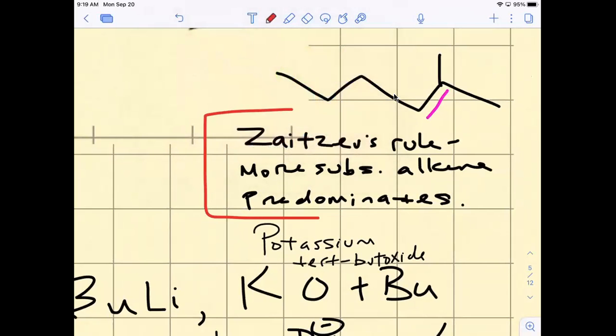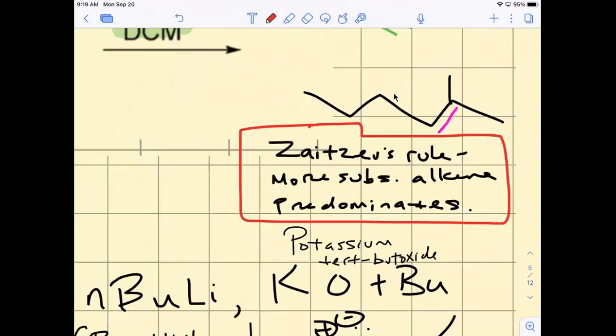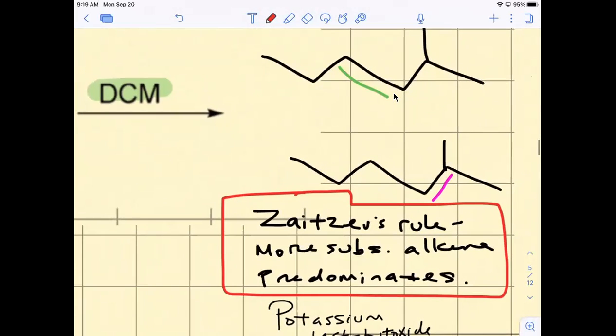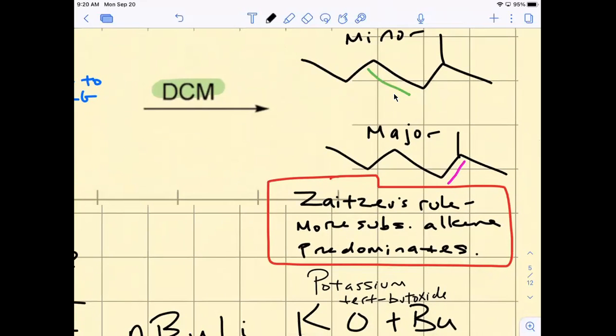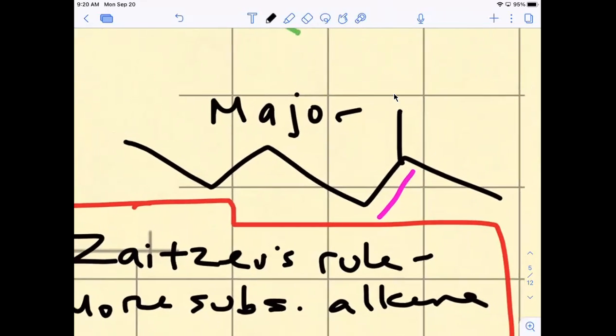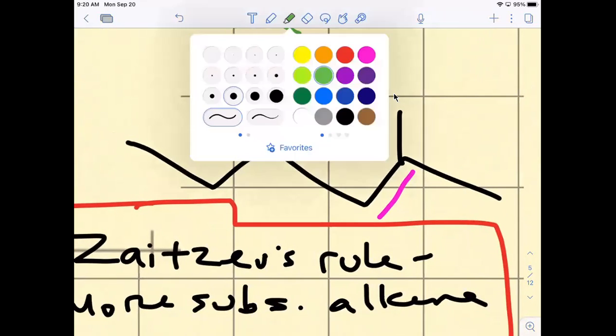All right, so when you do an elimination and you have to figure out which product is major and which is minor, you base that prediction on Zaitsev's rule. So the product here is going to be major, and then here is going to be minor, because the most substituted alkene is going to predominate. So you have an alkene that's tri-substituted, which is the one here in pink. You can see it has 3 groups on it. We talked about this before.